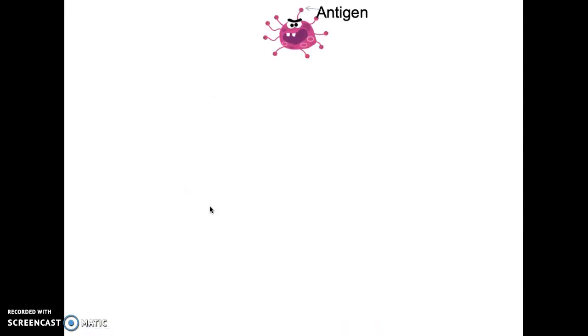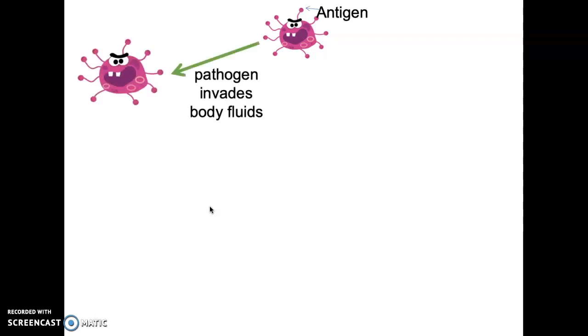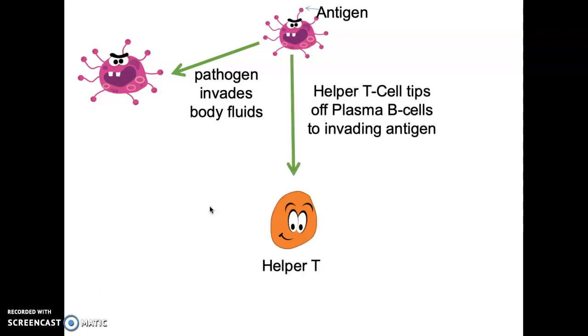So here is our B cell response. We have our antigen. It's invaded our body, with those antigens displayed on its outside. And it's just roaming around, either in our lymph, extracellular fluid, anywhere in our body. It's just doing its thing. And it's the helper T cells that sniff out those antigens and say, nah, you aren't supposed to be here.